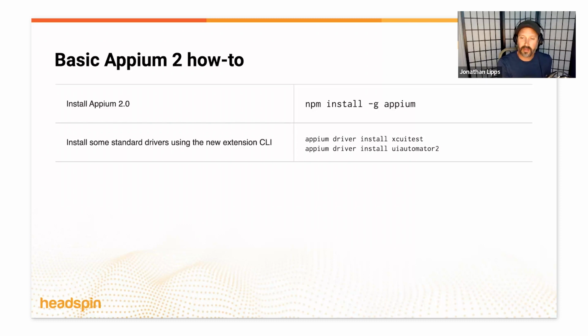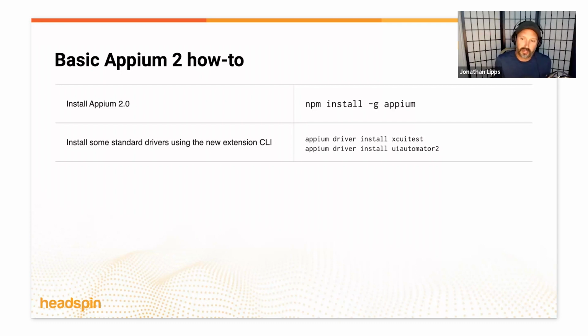One thing that's different from Appium 1 is that we now need to tell Appium what drivers we want to use, because of the maybe hundreds of drivers that exist in the future. We can't bundle them all with Appium. Some of them might not even be known to the Appium core team, right? So you just need to be explicit about which drivers you want to use. You can do that in a couple different ways, but the most common way is to use the Appium driver command line interface.